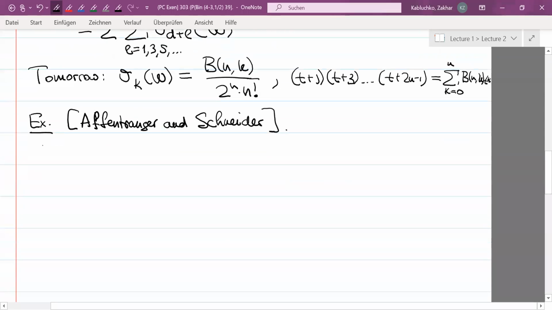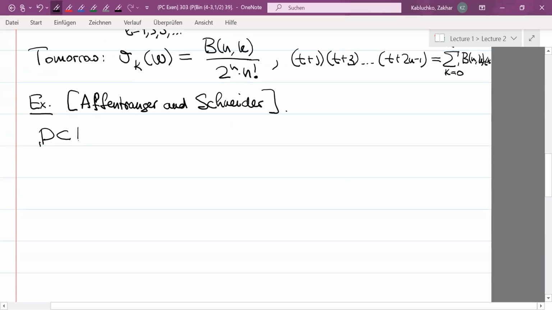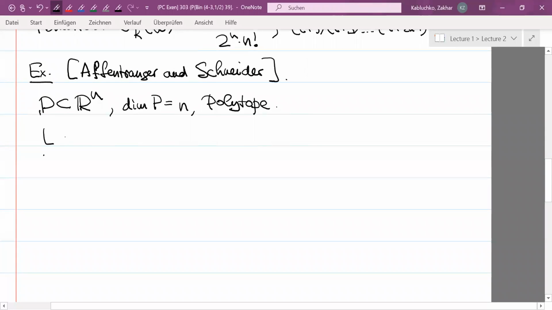Let P be a polytope of full dimension. So P be a polytope now in R^n, for example a regular simplex, an already very interesting case. And let L be a uniformly distributed subspace.